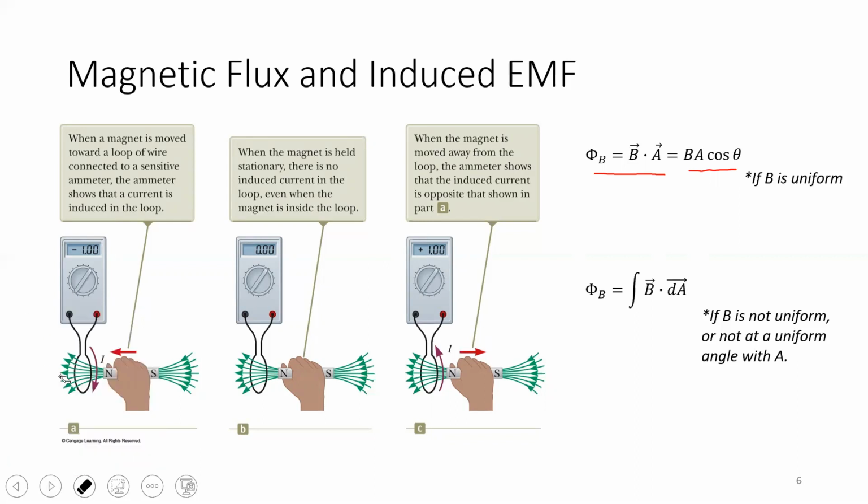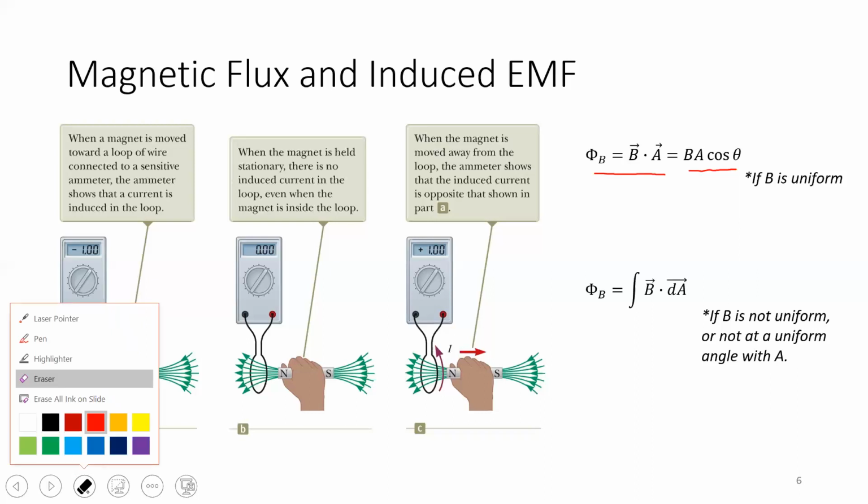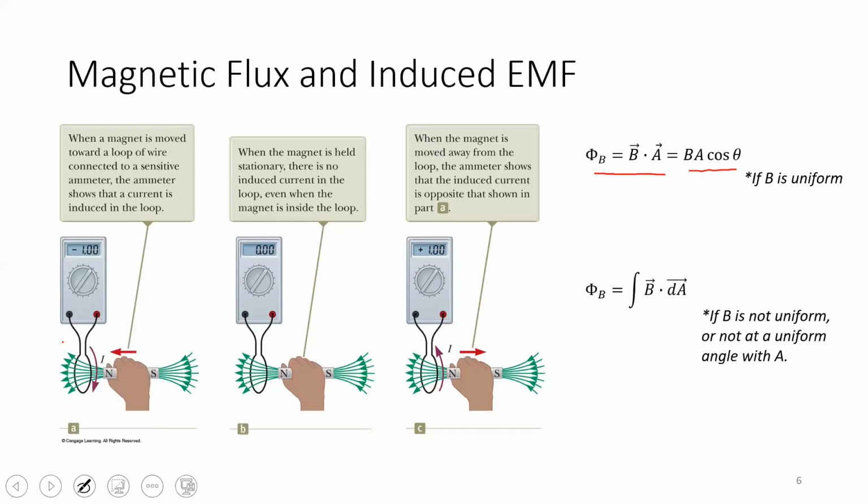You use your right hand to decide which way is normal: if I wrap my fingers around in the direction of I, my normal is in that direction. So we describe our magnetic flux in that way if the magnitude of B is uniform. If it's not uniform, then we just have to do an integral over our area.